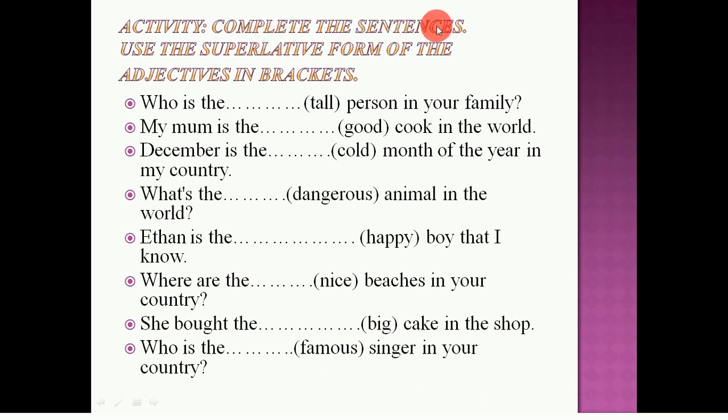Complete the sentences. Use the superlative form of the adjectives in brackets. So who is the tall person in your family? My mom is the adjective good cook in the world. December is the adjective cold month of the year in my country.